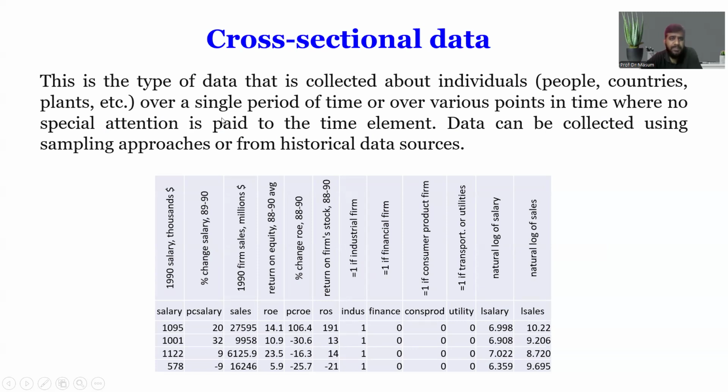Single period of time, 1990. Maybe you can say 89 is here. 89, 90 means that when you are going to calculate the percentage changes in 1990, you need to know about the figure in 1989. Otherwise, you cannot calculate the change. So this is not the 1980 data. This is ultimately 1990 data, percentage change.